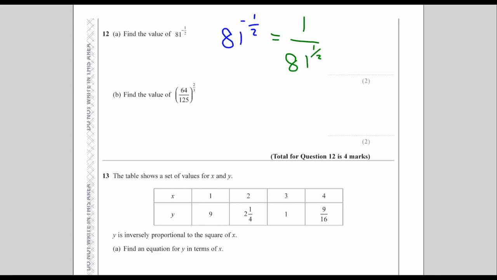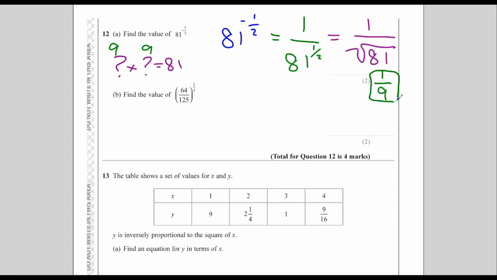Now, power of a half means square root. So it's the same as writing 1 over square root of 81. So what times by itself gives you 81? 9. 9 times 9 is 81. It's important to know your times tables. 1 over 9 is the answer.